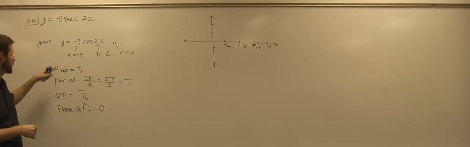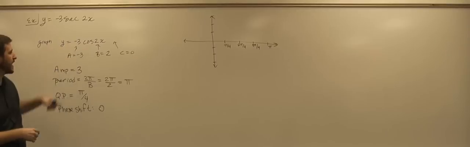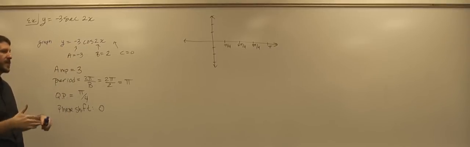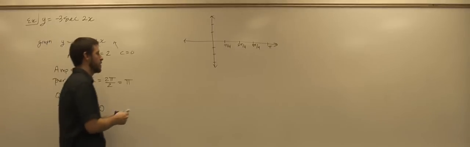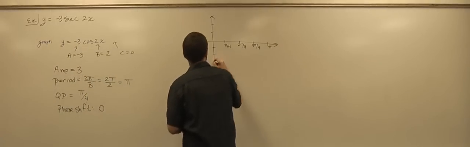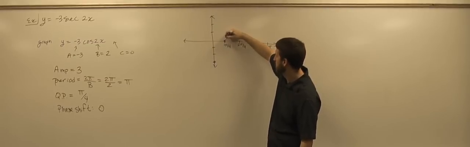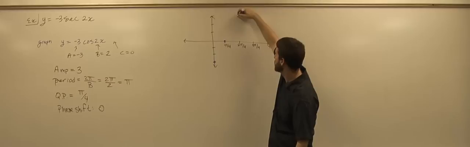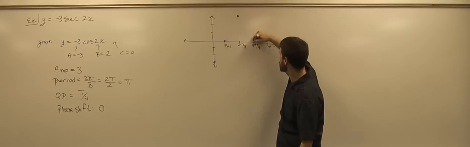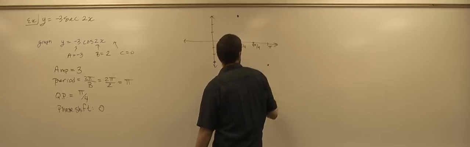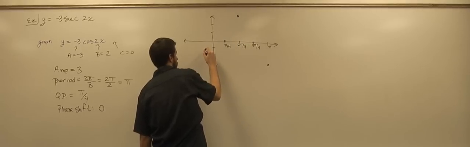Now because it's cosine, and because the A is negative, how am I going to start this? At -3, at the minimum. Start here at a minimum. Then I'll go to a 0, then to a max, and back down to a 0, and then to a min. So this is my cosine.